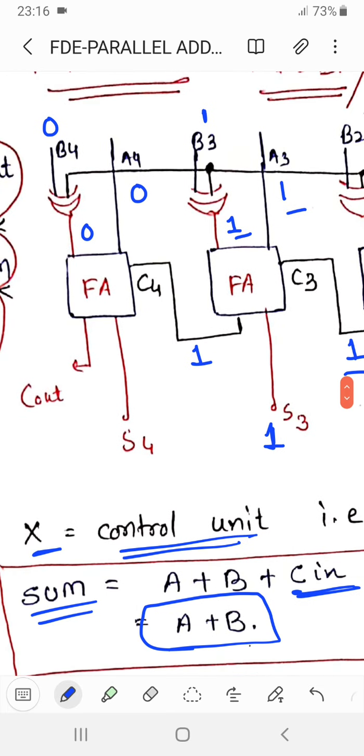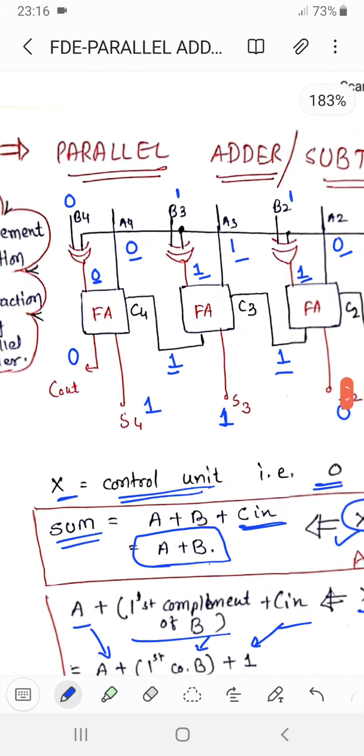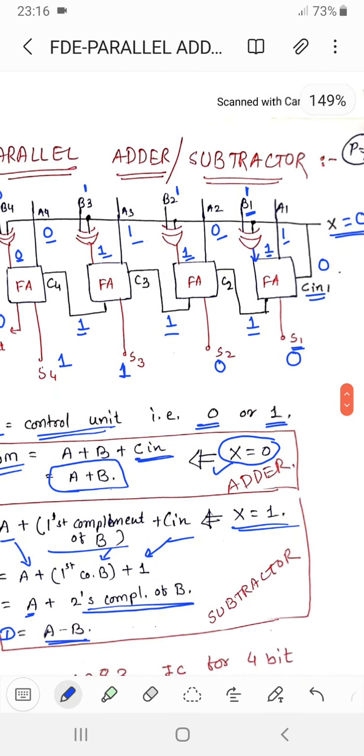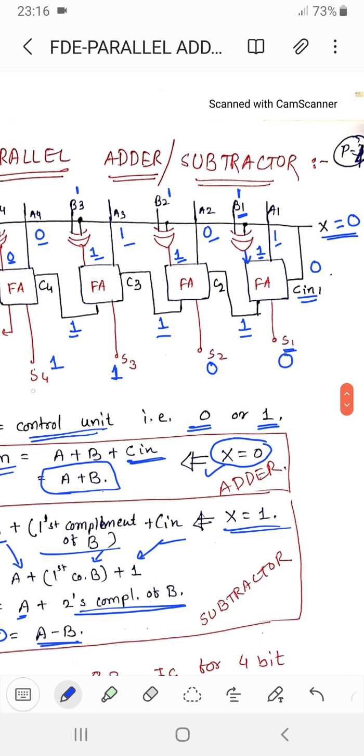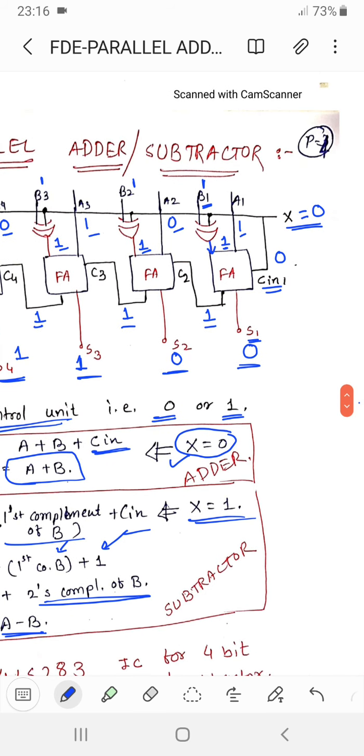Now in the last stage there is 0, 0 and 1, so my sum is 1 and my carry out is 0. If I write all the digits of my summation, that is 1 1 0 0.